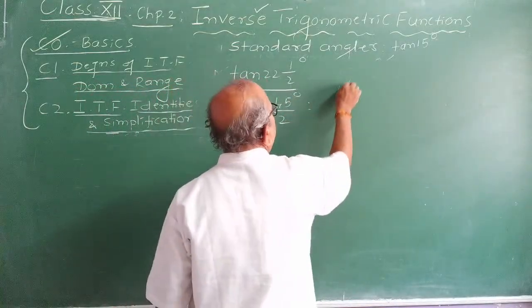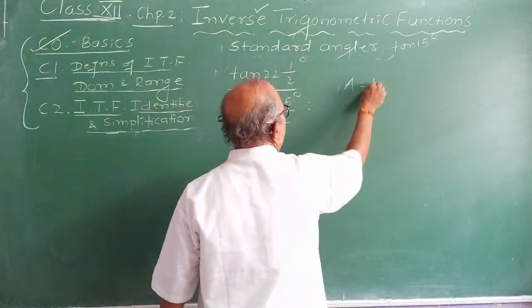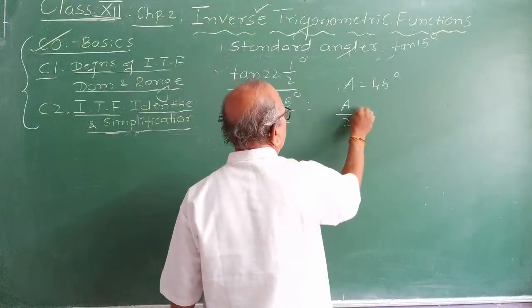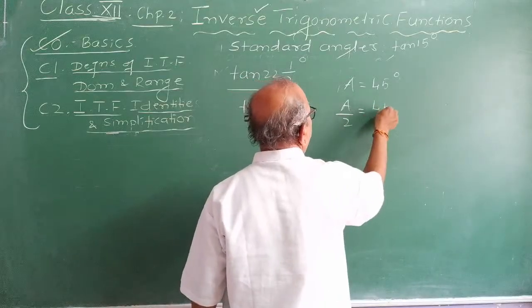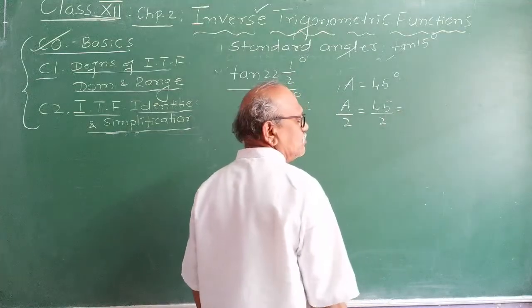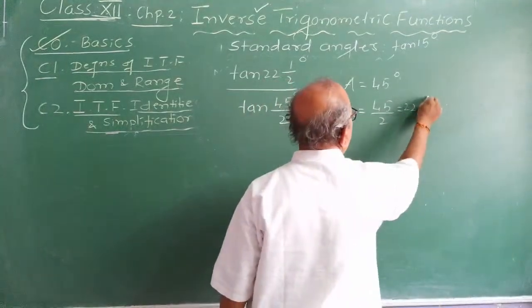Suppose that you take A is equal to 45 degree. Then what is A by 2? Is it not 45 upon 2, which is 22.5 degree?